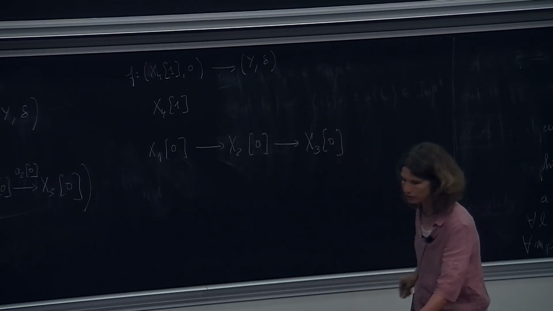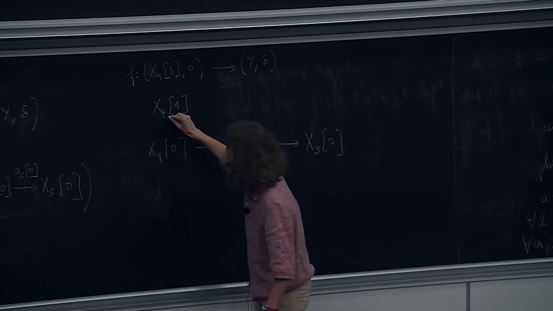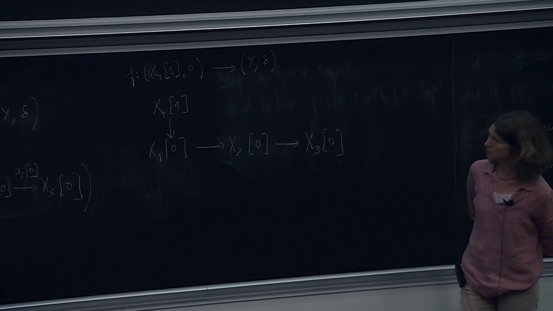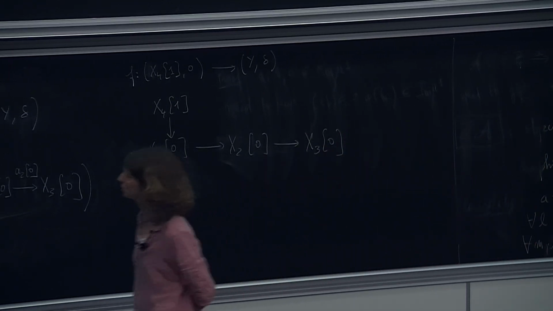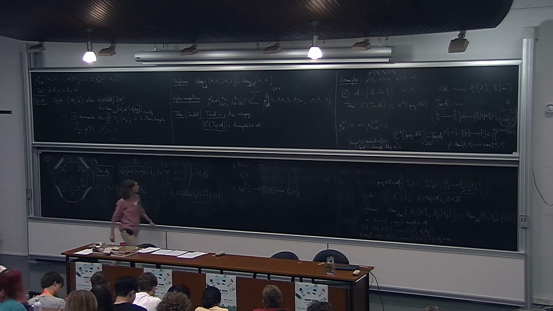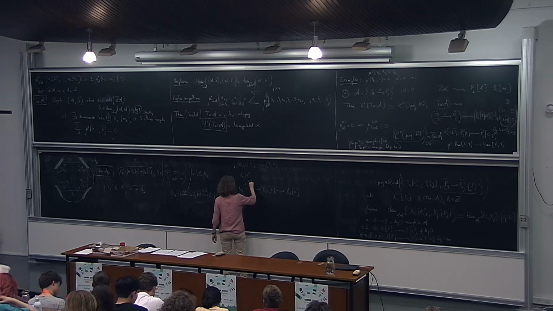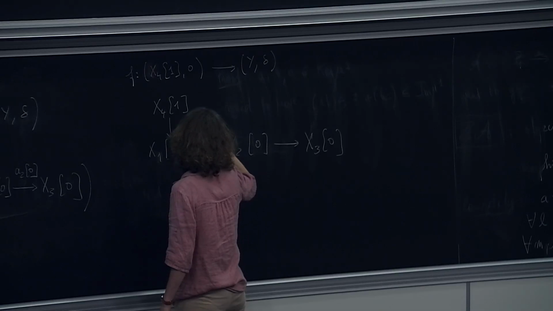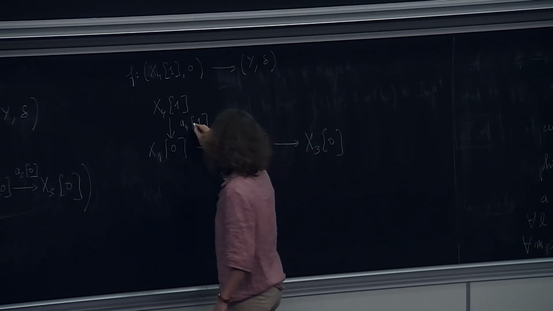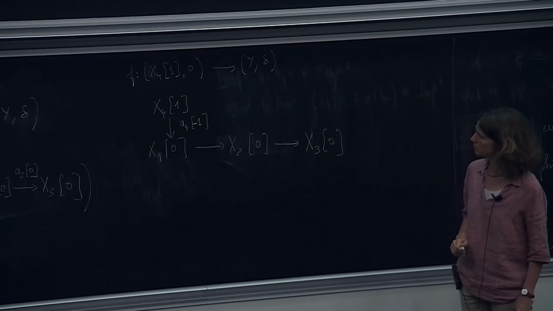I don't have so many possibilities here, but I have a morphism from x4 to x1, which is given by a4. So now I have to be careful with the shifts. So it's a4 shifted by minus 1.